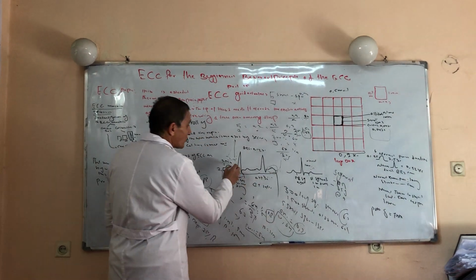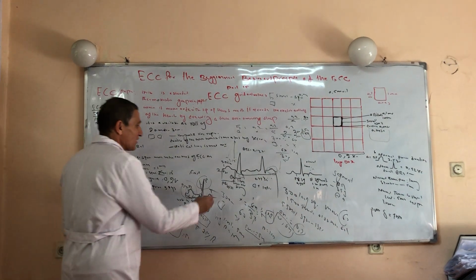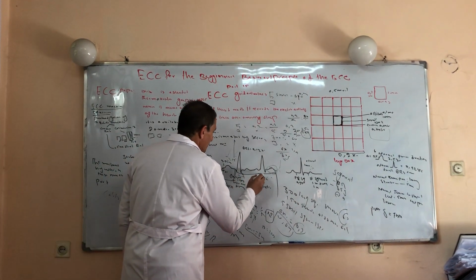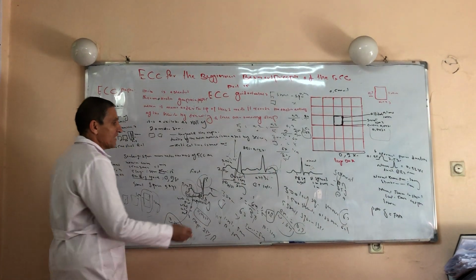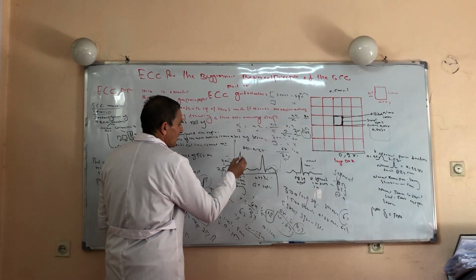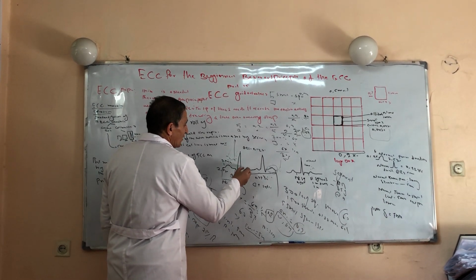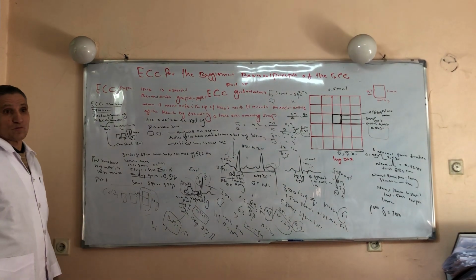We also forgot to tell you about the QT interval. The QT interval is the interval which starts from the beginning of the Q wave to the end of the T wave. We see here 3 electrical events: one is the QRS complex, depolarization, another the refractory period, and another repolarization.